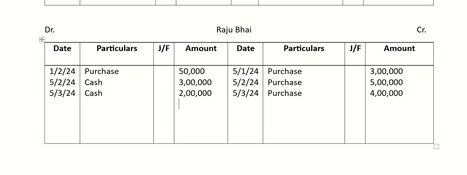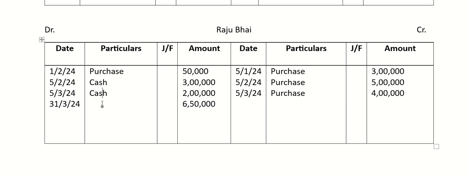So to make it balanced, we will write 6 lakh 50,000. And remember, we only find this balance at the end of a financial year. It is 31/3/2024, the financial year ended, and we will write it as balance carried down.